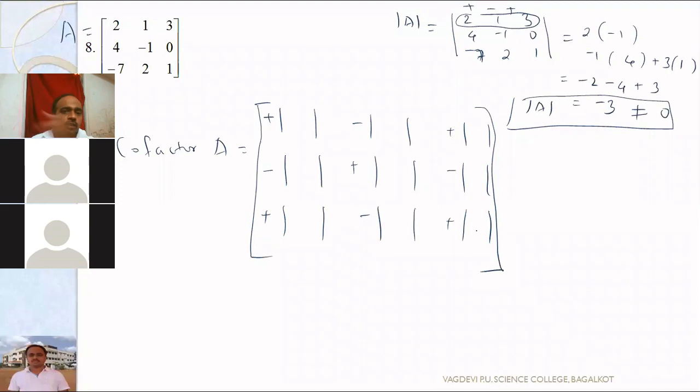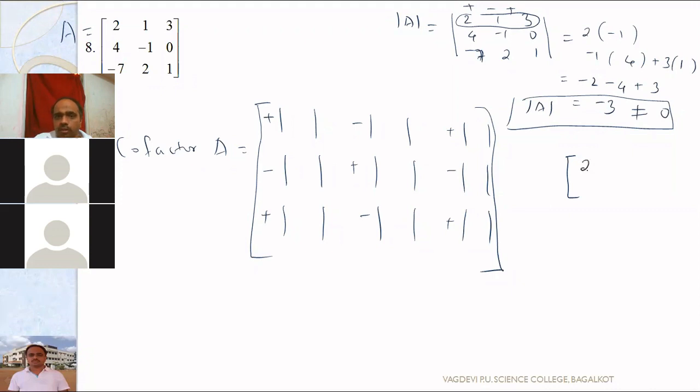I have written plus minus plus minus plus minus plus minus plus, and I have drawn 2 lines. Now you go on deleting the row and column and write those 4 numbers. I'll write the first one. You have to understand, the remaining you have to do. You should concentrate. I'll write the matrix once again here.